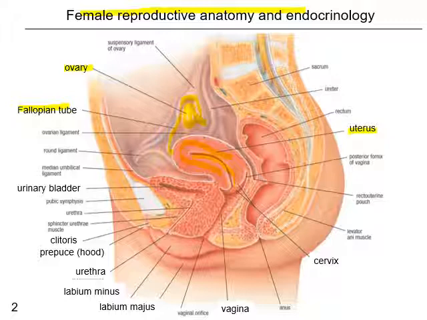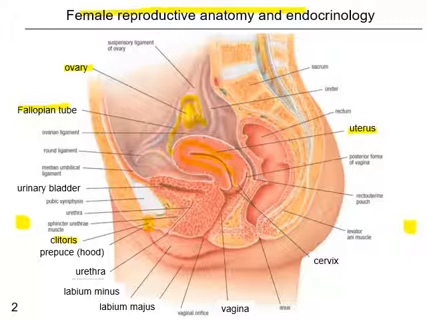So this is a midline sagittal section. This is anterior over here and posterior over here. Anterior structure is the clitoris. It shows it as this little nub here, which is really just the head of the clitoris.